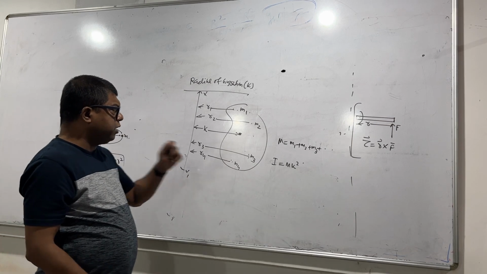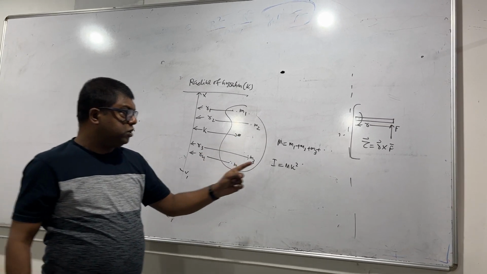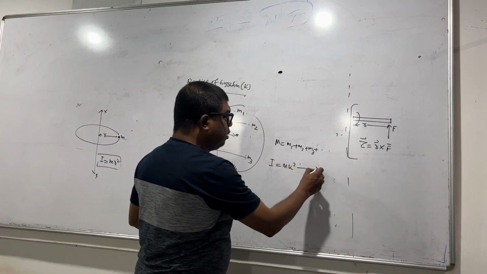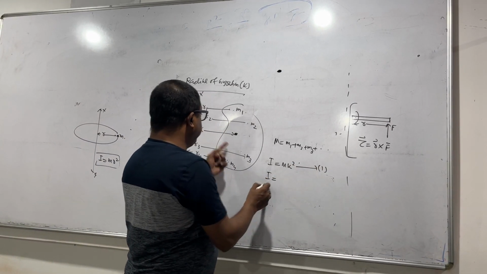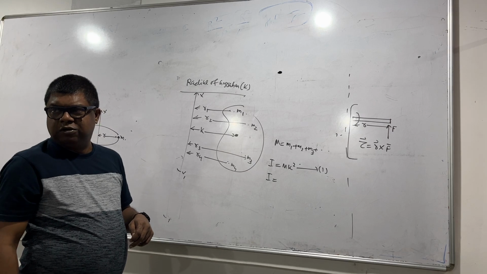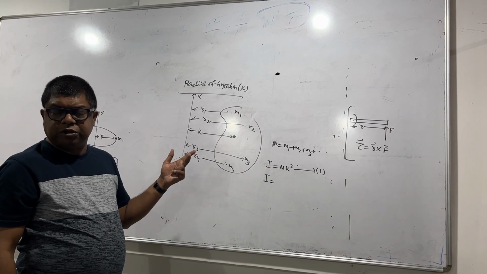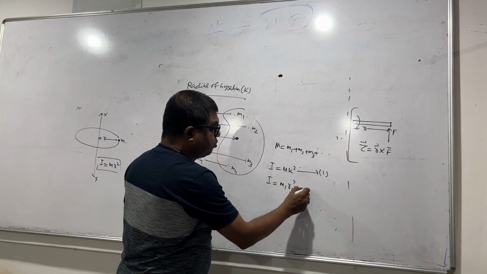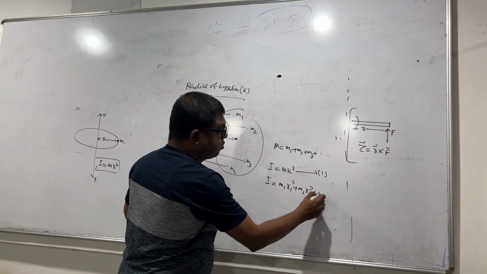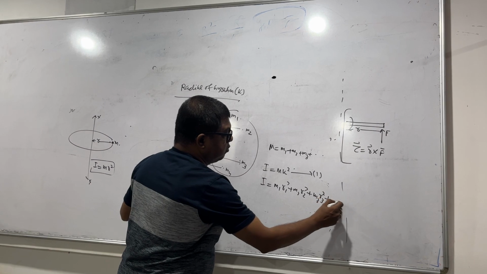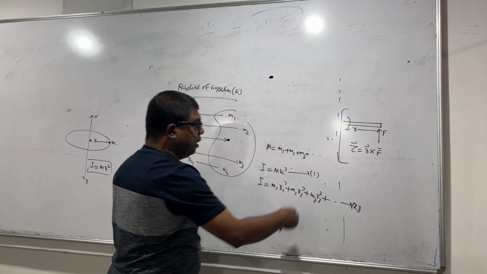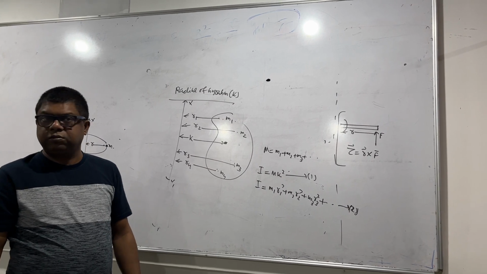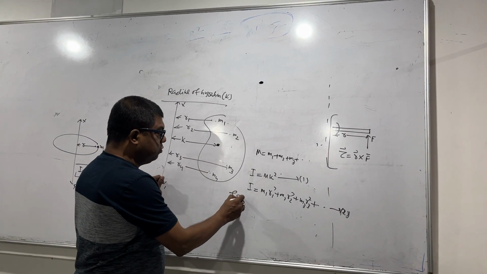Similarly, if all the particles are concentrated at one point, the moment of inertia is mk square, where k is the distance, and it will be equal to I, the entire moment of inertia of the body. Already I have derived that the moment of inertia of the entire body is equal to m1 r1 square plus m2 r2 square plus m3 r3 square. Then, equating equation 1 and 2.